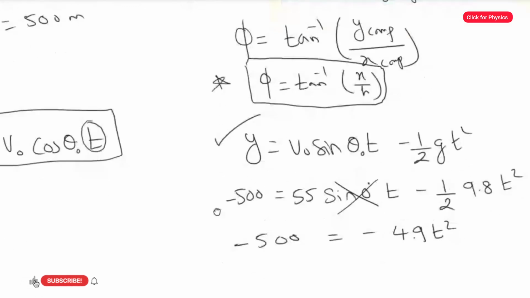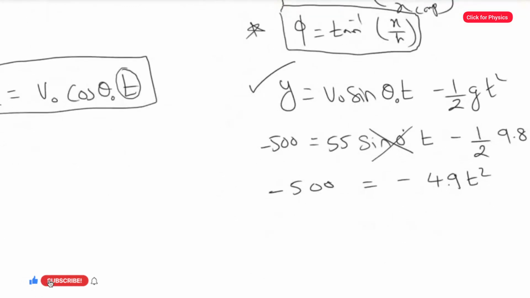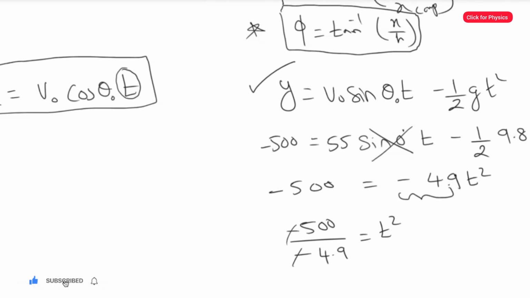Now I'm going to find the value of t. For that, I take the minus 4.9 to the left-hand side as a denominator. So we get minus 500 divided by minus 4.9 equal to t squared, and the negative cancels with the negative.